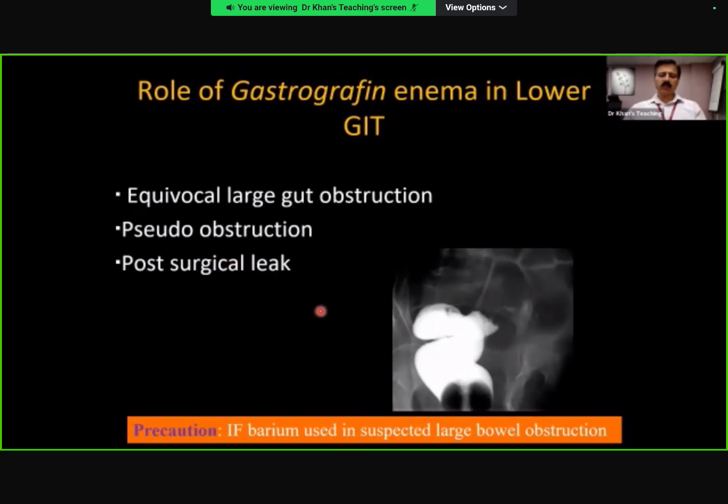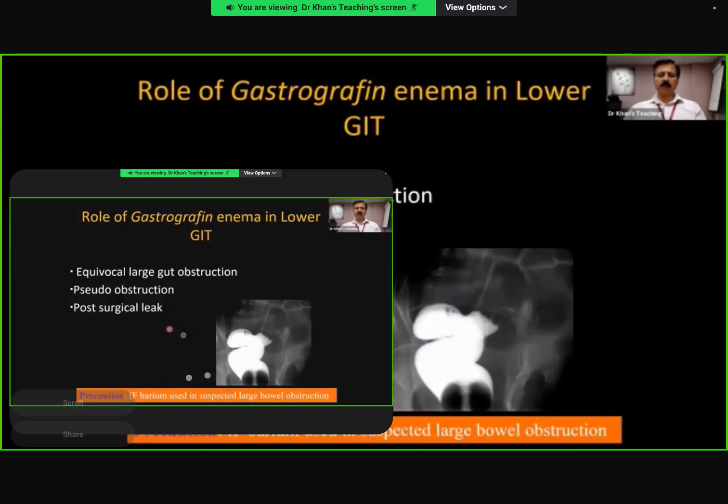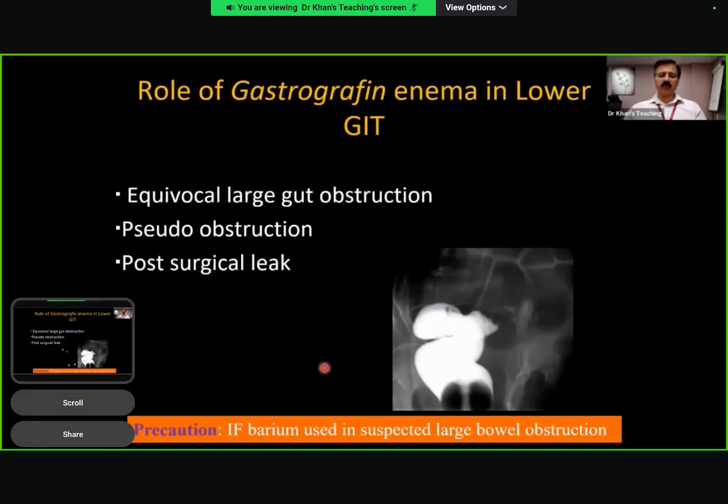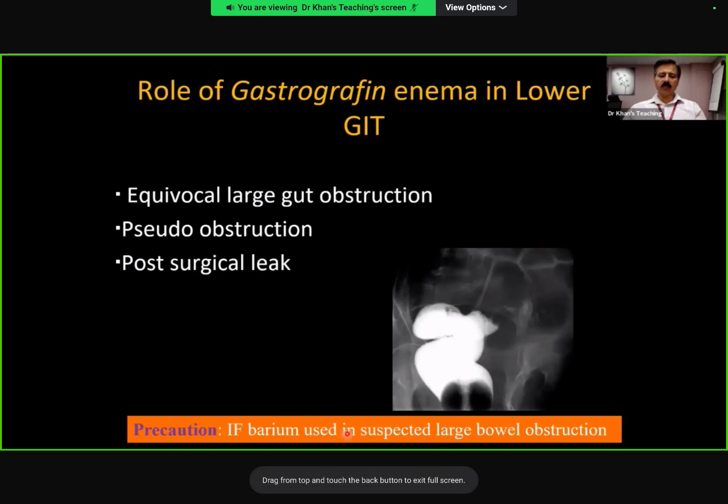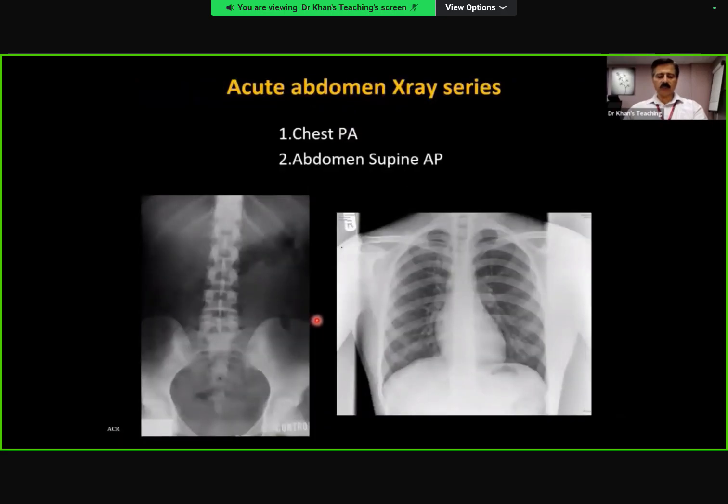Now, post-surgical is a very important thing. Never use barium once again. So please remember it like this: if you are worried that the contrast might go out of the lumen, don't use barium. That's the take-home point. What is pseudo-obstruction? I'll come back to this.